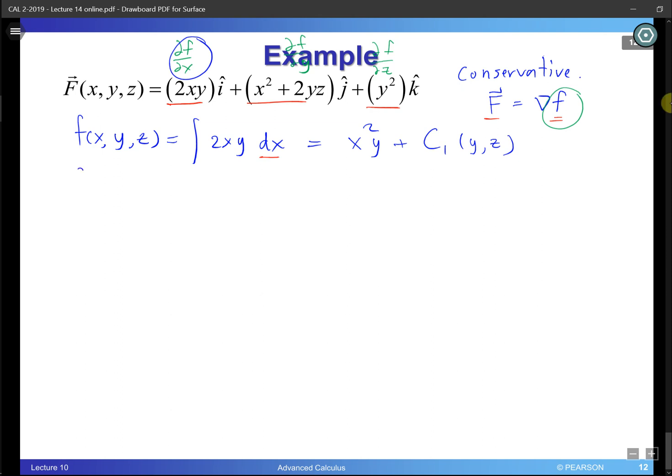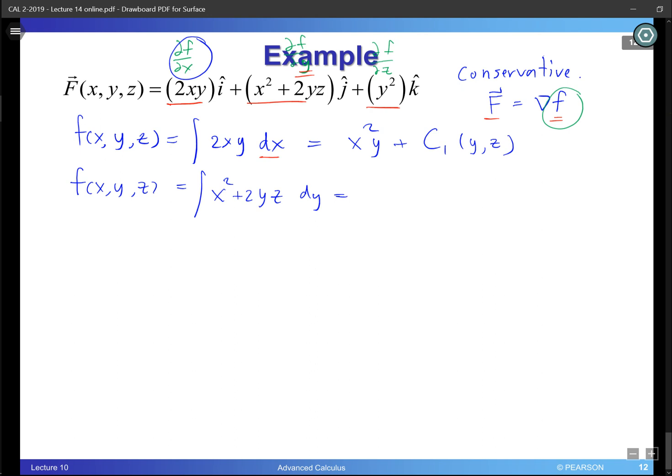Now, function f(x,y,z) must be able to be the same as the integration of the next component, x squared plus 2yz, but this time with respect to y, dy.